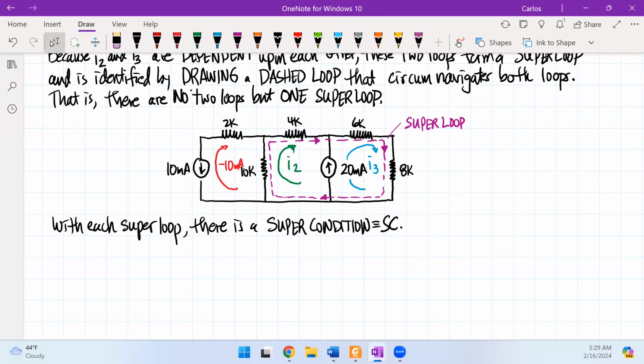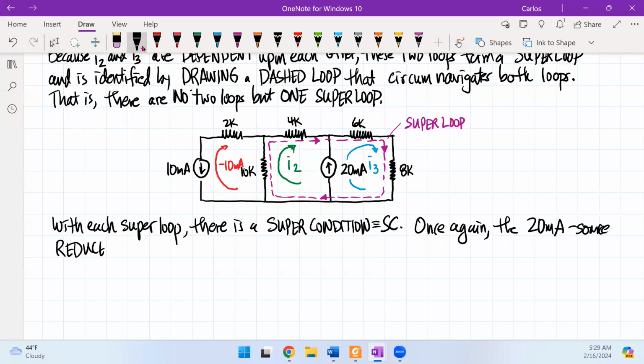So once again, just as we saw with the 10 milliamp, the 20 milliamp source reduces the number of required loop currents to solve for.